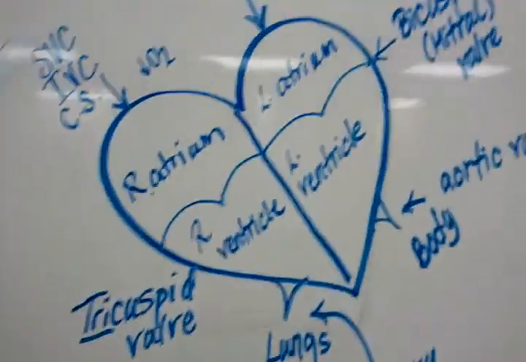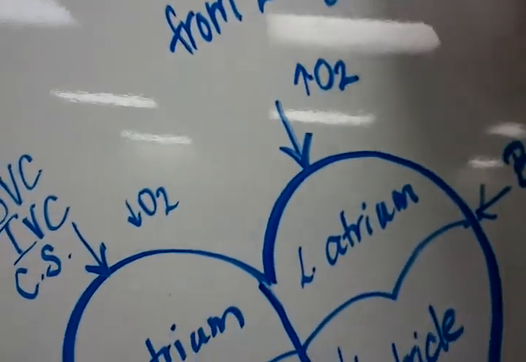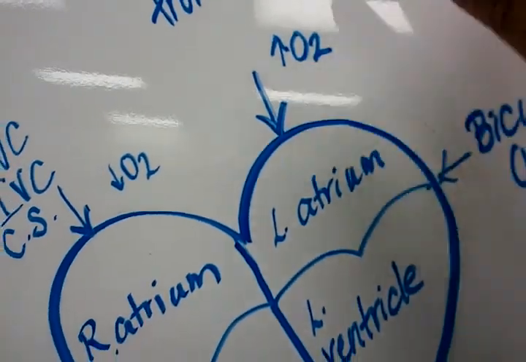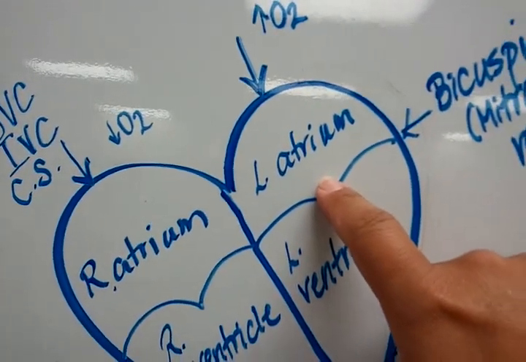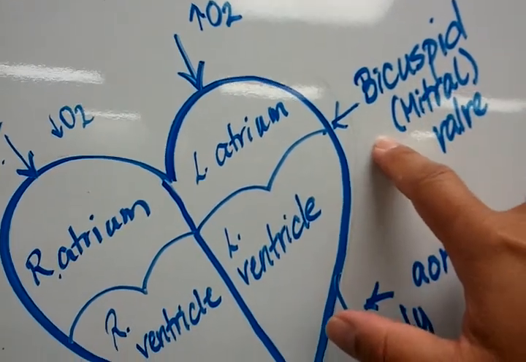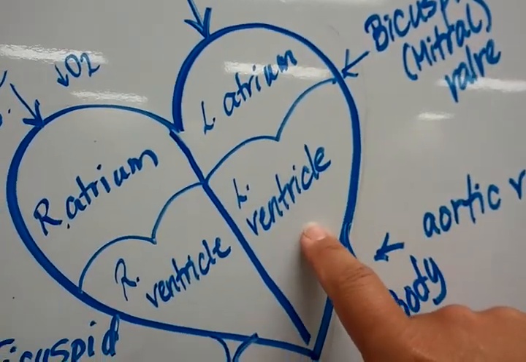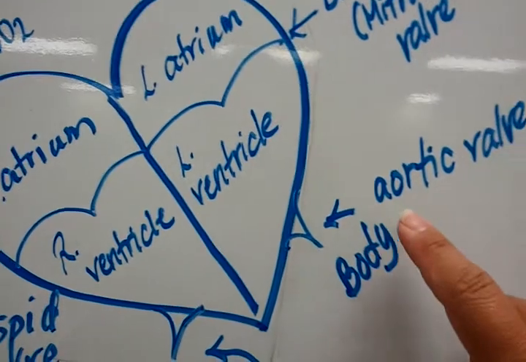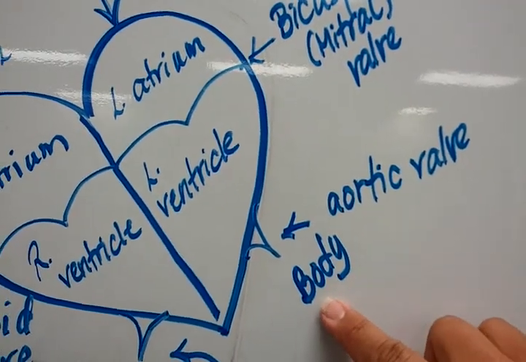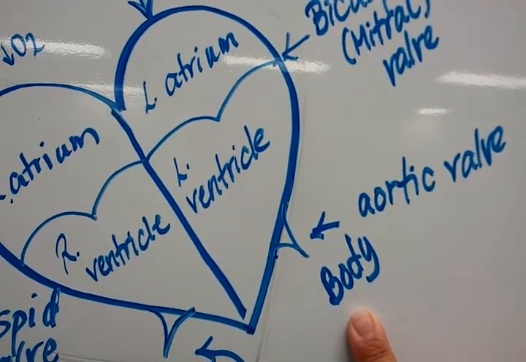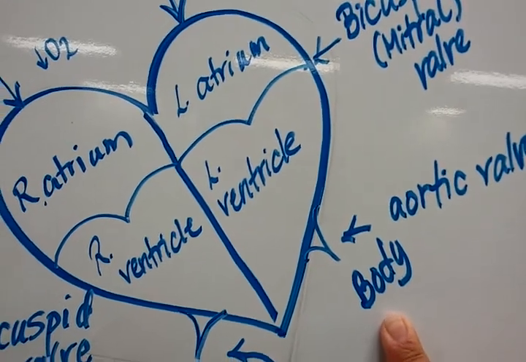Through our lungs, it's going to go all the way around to our lungs, pick up oxygen, and now go to our left atrium, through our bicuspid valve, to our left ventricle, out through our aortic valve to our body, and deliver all that oxygen that it just picked up from the lungs.